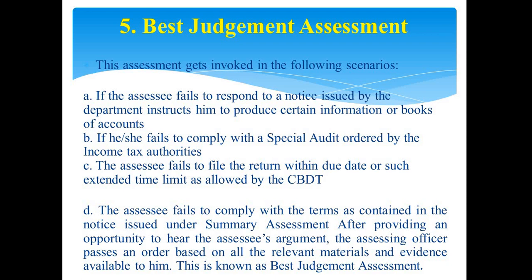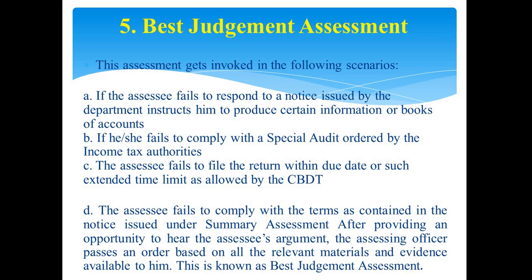In the best judgment assessment, the assessing officer will check the reality, checking the actual income with other evidence available in other sources. So in this case, the income tax department can go for the best judgment assessment. For example, if an individual taxpayer's income limit is more than 5 lakh, it is compulsory for the individual taxpayer to audit his income.